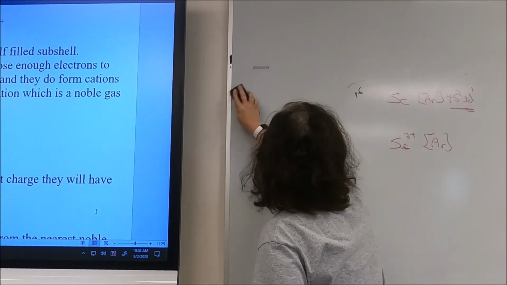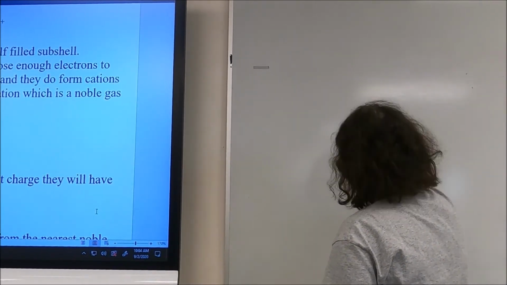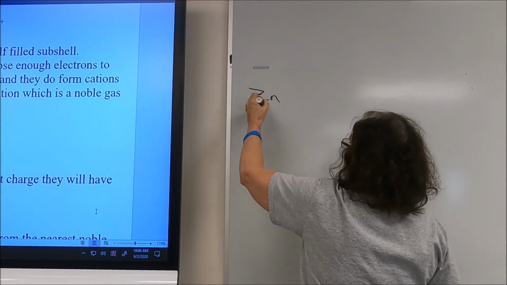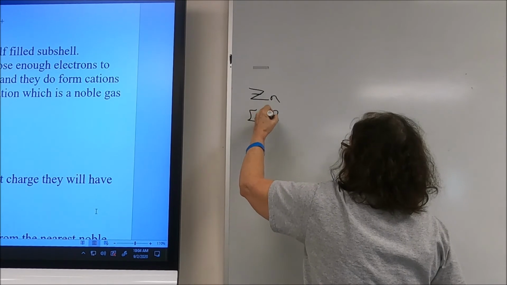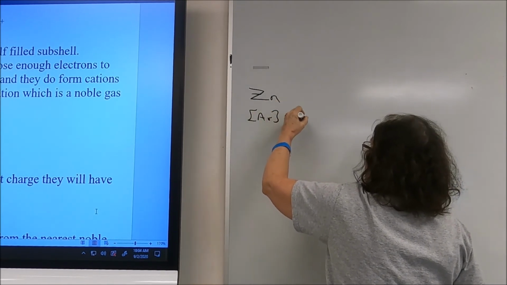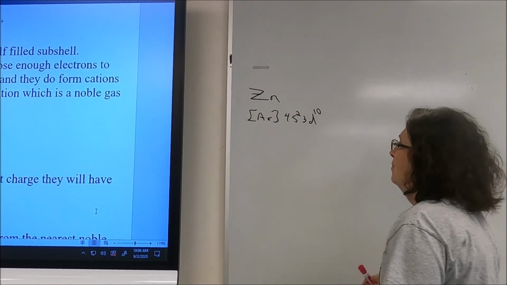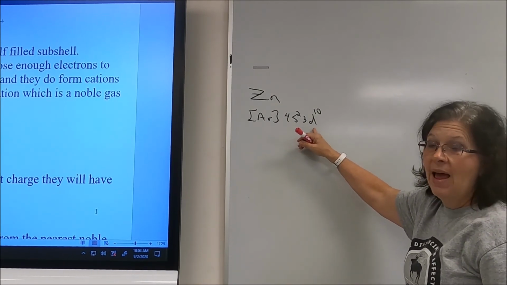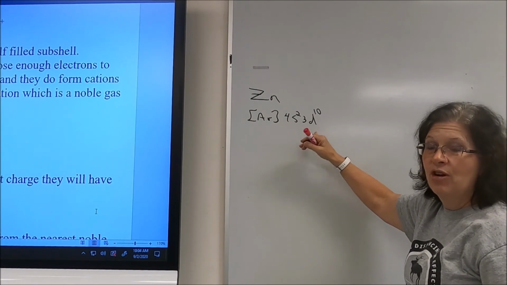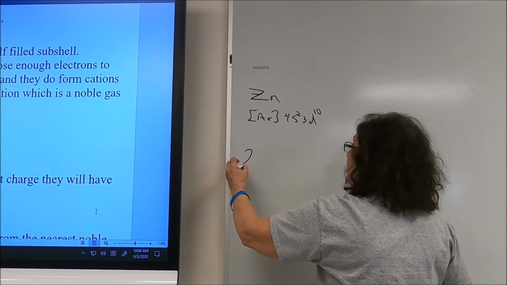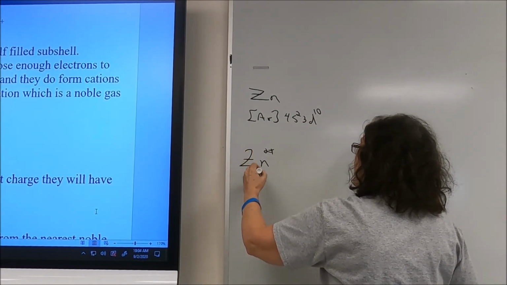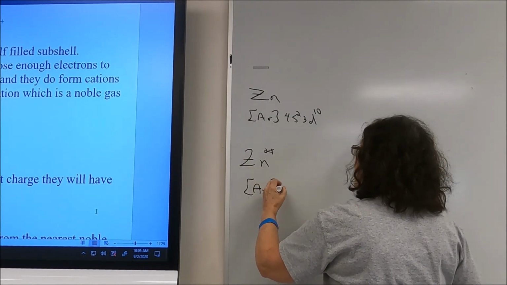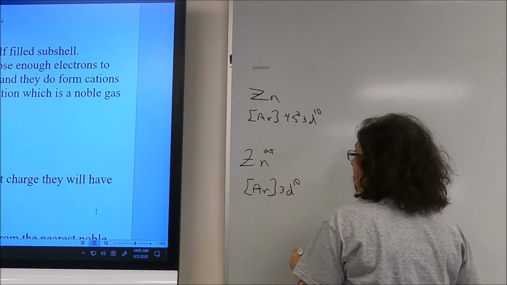Now I also want to show you zinc. Zinc's electron configuration is argon, 4s2, 3d10. The d subshell is full. Half-filled subshells and complete subshells are very stable. Zinc only forms a zinc 2+ ion, and its electron configuration becomes argon 3d10.